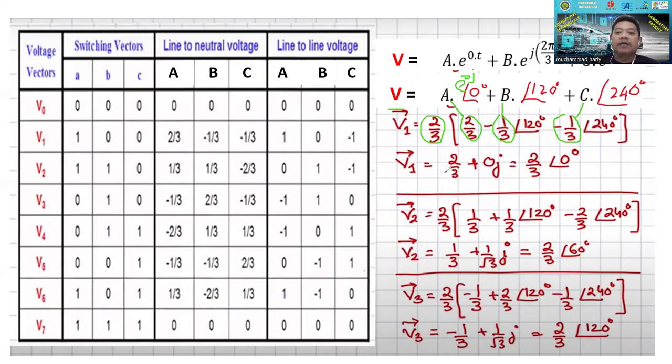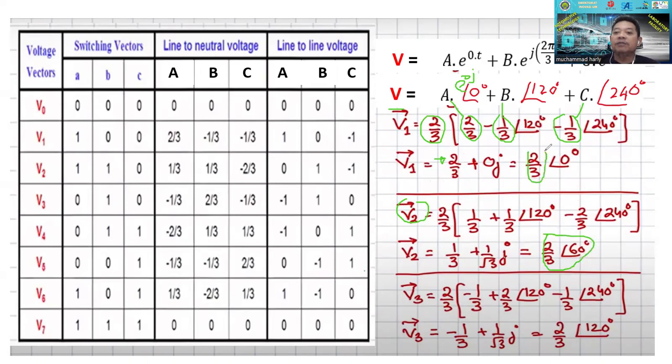Then finally here we completely calculate it, and you get 2/3 plus 0j. That means we have the real position of the platform. 2/3 means the real frame, with the position of the vector in the direction of 0. Then we go next to vector 2, and we get it here.